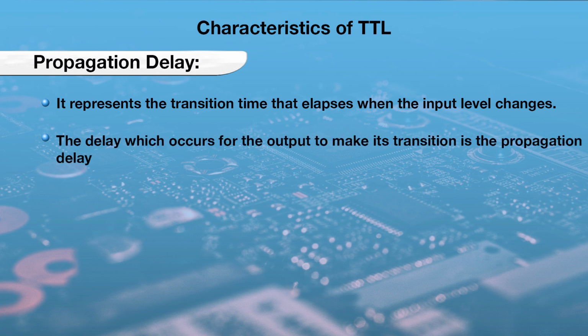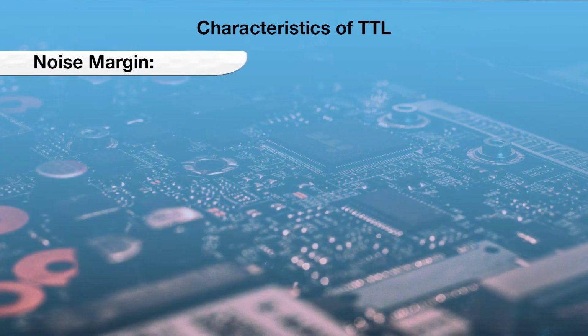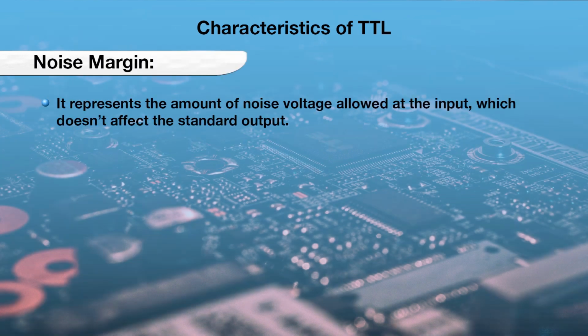The delay which occurs for the output to make the transition is the propagation delay. Noise margin represents the amount of noise voltage allowed at the input which does not affect the standard output.